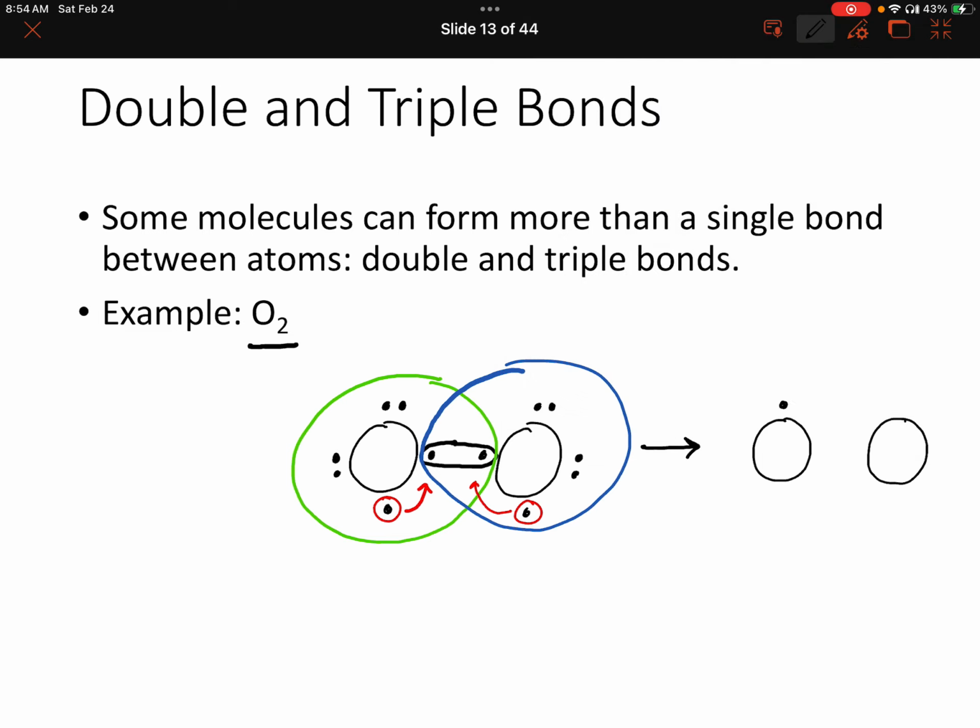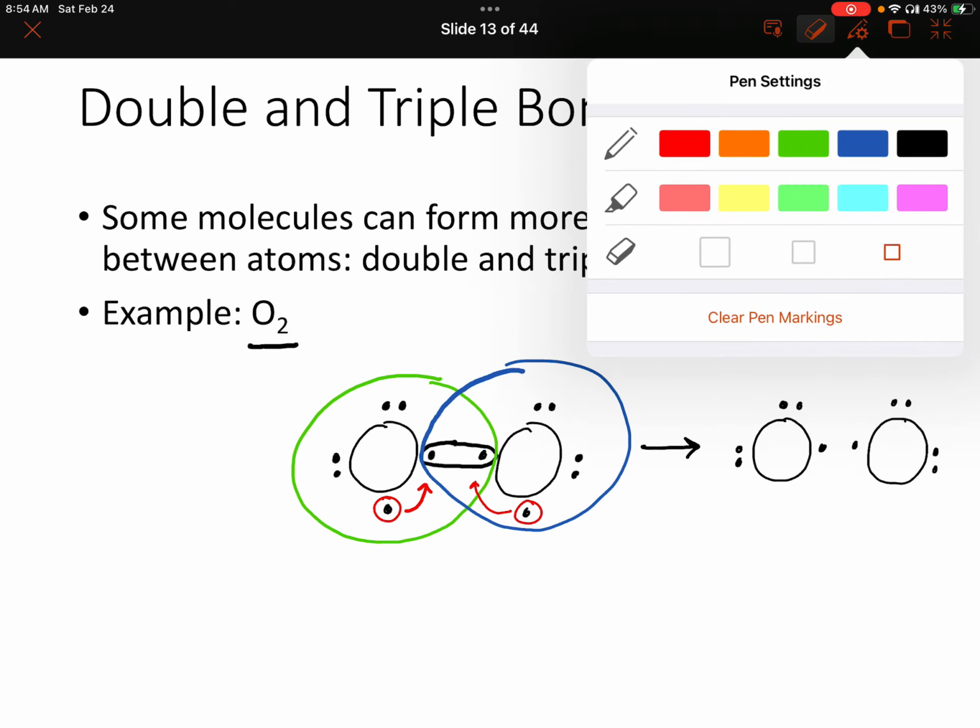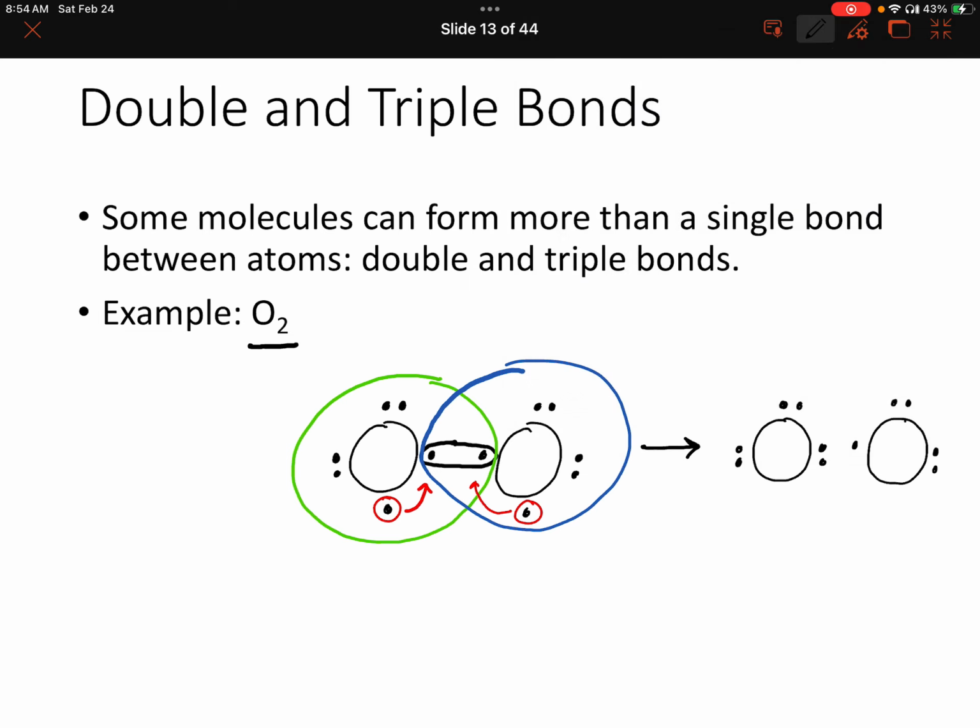So then that's going to look like, let's see, I'll just draw the original Lewis diagrams for each oxygen. But let's move these 2 electrons on the bottom up. So now we're forming 2 bonds between the oxygens. So that is going to be our double bond.